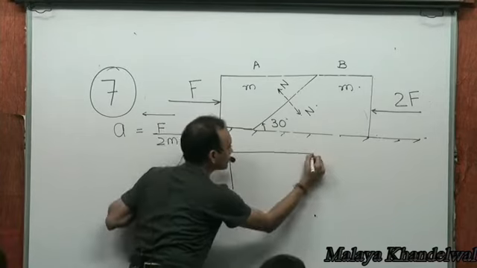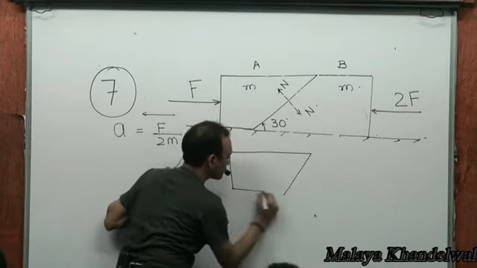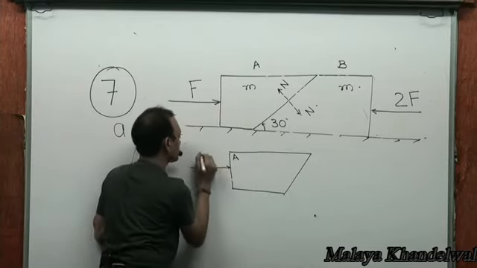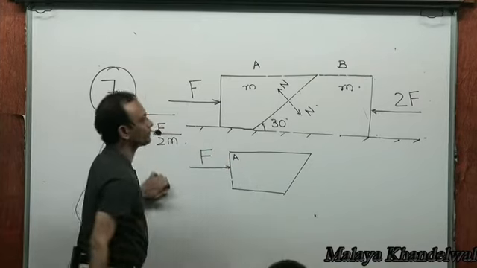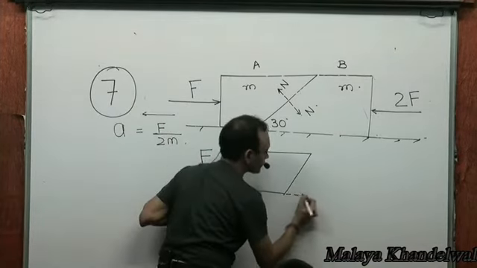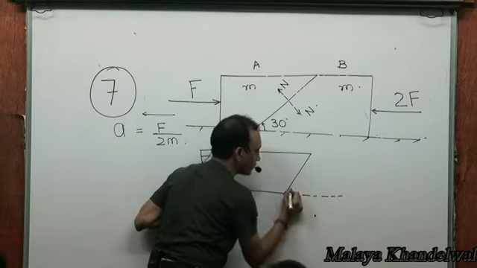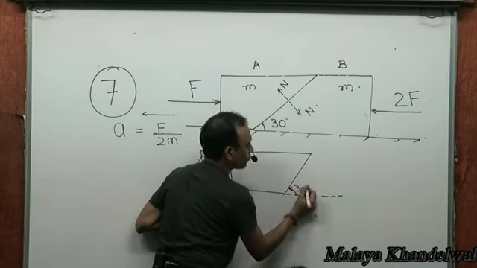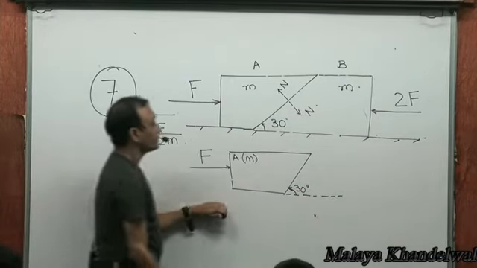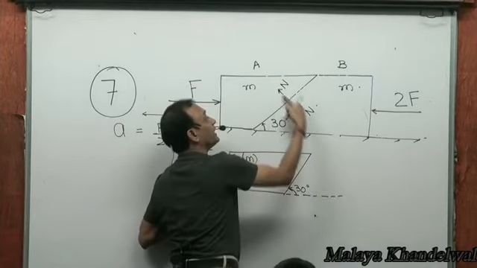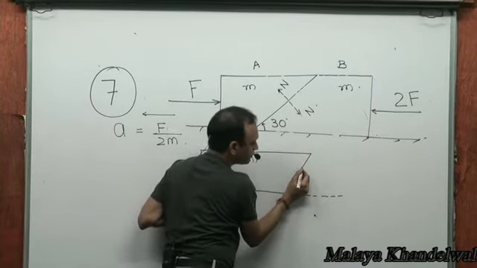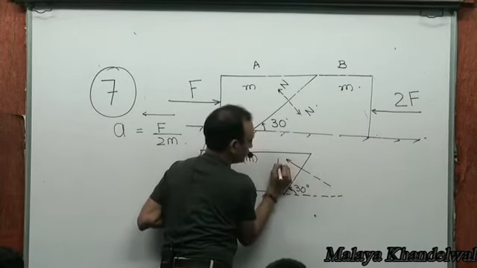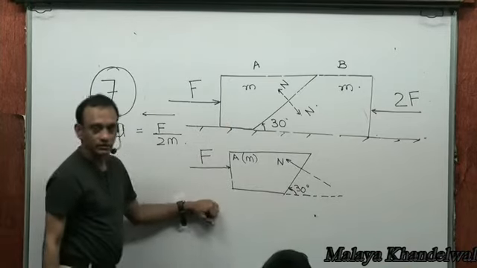Now if I have to look at the free body diagram of A alone, it is like this, with a force F acting, and this angle 30 degrees, right? And B exerts on A a normal force N like this, right?